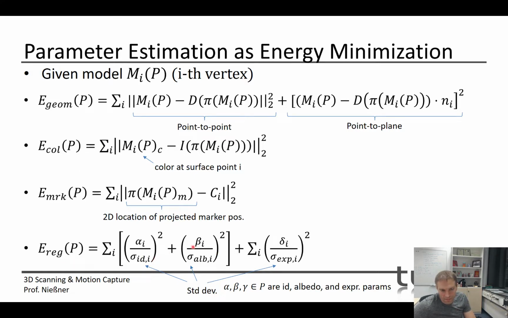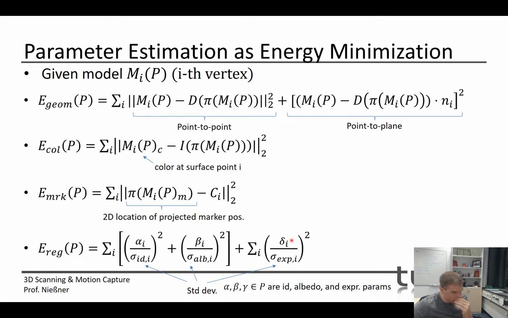We have alpha, beta, for the respective identities, right? And these ones are being divided here by the standard deviations. But all you're doing here is summing up squared terms, and you want to minimize the deviation from the average face. And here this last term is for the expressions.